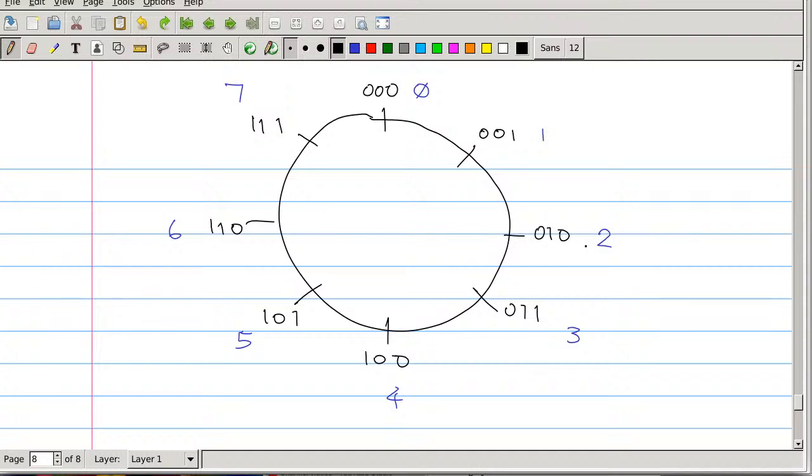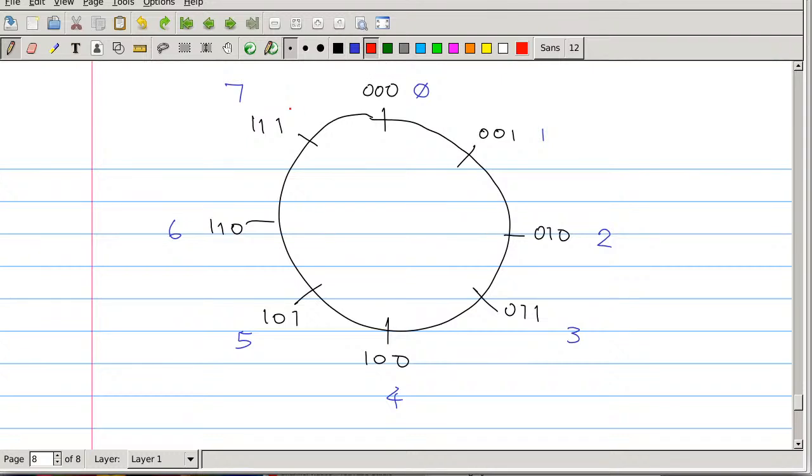Well, -1 is not in this picture, but if I have to pick a slot, pick a binary bit pattern to represent -1, where do you think it should go? -1 is 1 less than 0. So if I rotate that pointer counterclockwise once from the position of 0, whatever is there is the one that I want to use to represent -1.